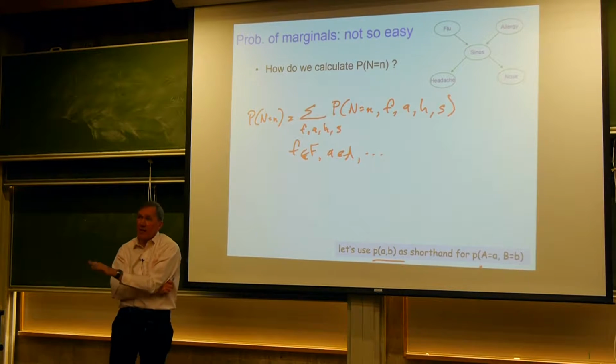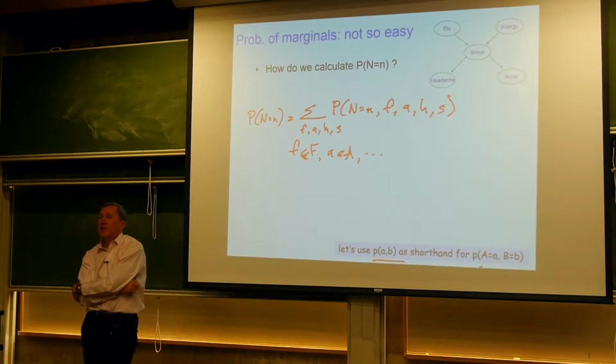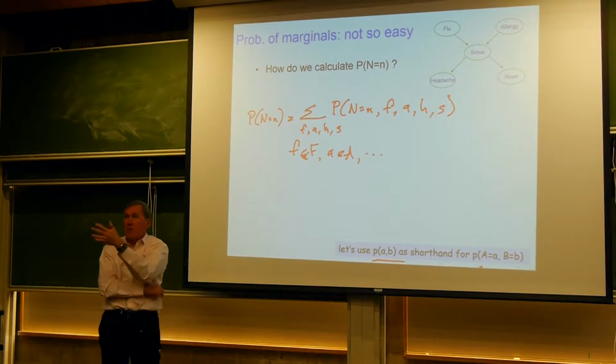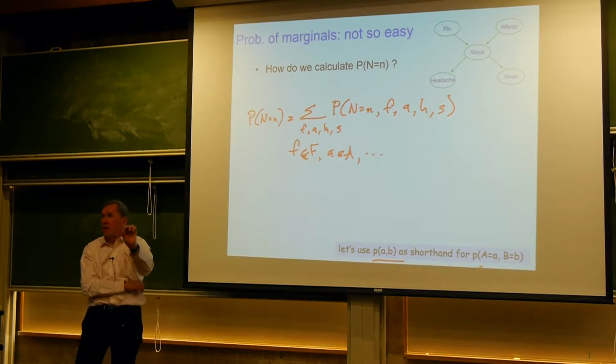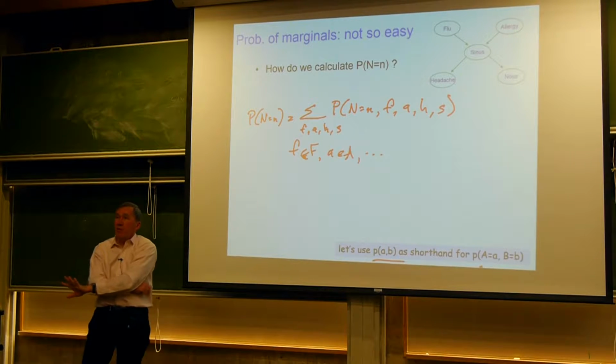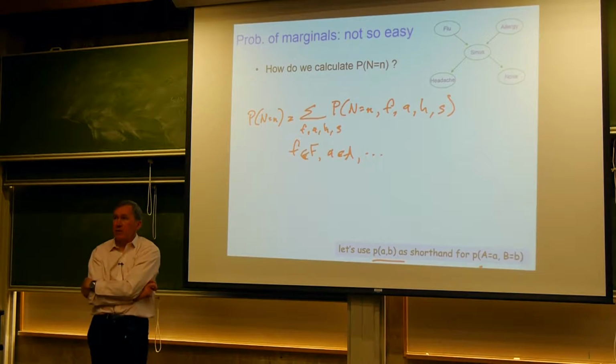This is a joint distribution over 5 random variables. It could be that in that joint distribution, if we sum up all the rows where sinus equals 1, we see that's 0.7 probable, and it's only 0.3 probable that sinus equals 0.